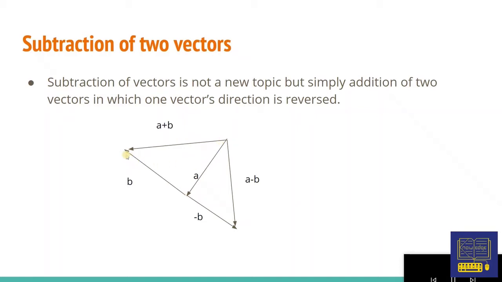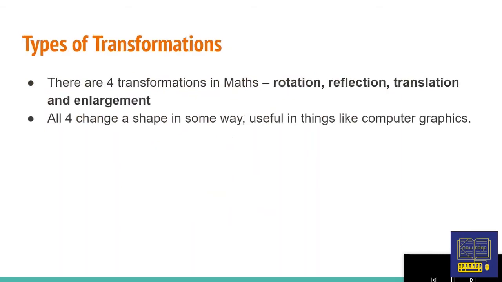To subtract, we have to change the direction of the vector. So we have turned B to minus B, that is, changed its direction in the opposite way, and then added it. So it is A minus B. Isn't it easy?